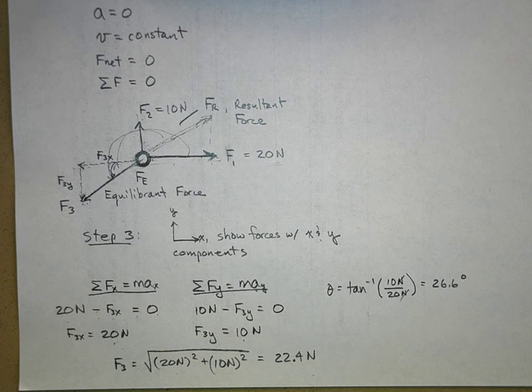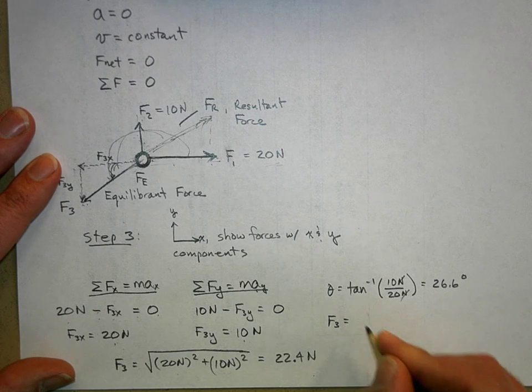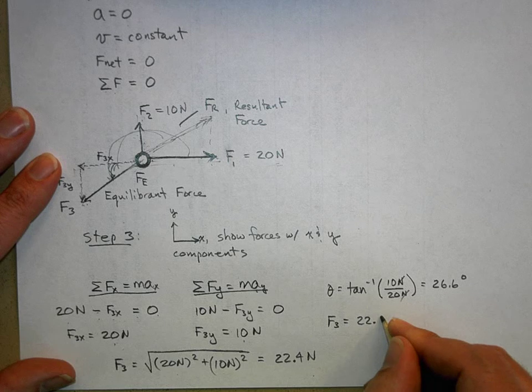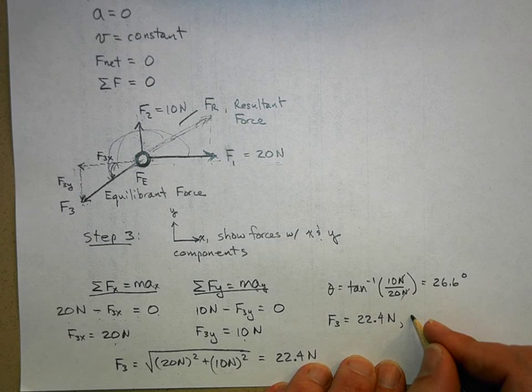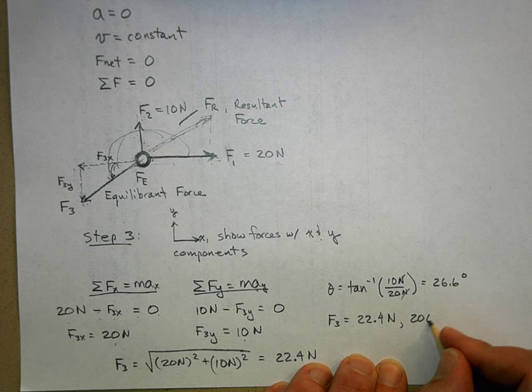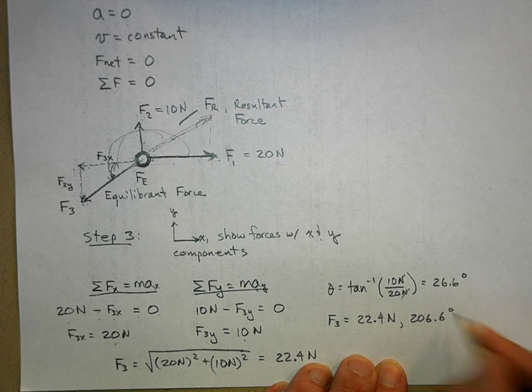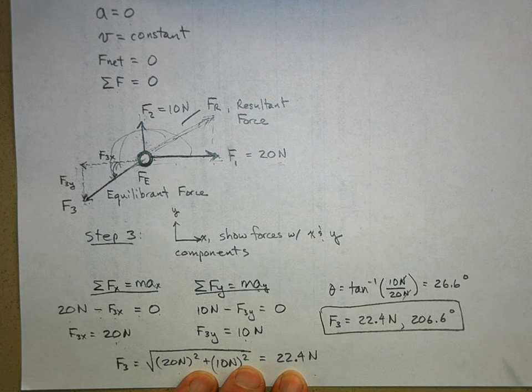So plus 180 equals, so F3 is equal to 22.4 newtons, and at an angle of 206.6 degrees. And that's my answer.